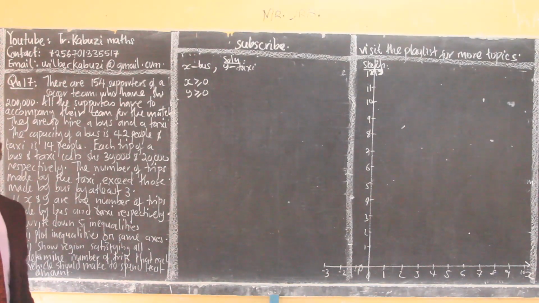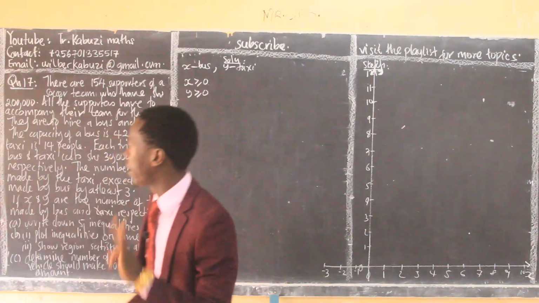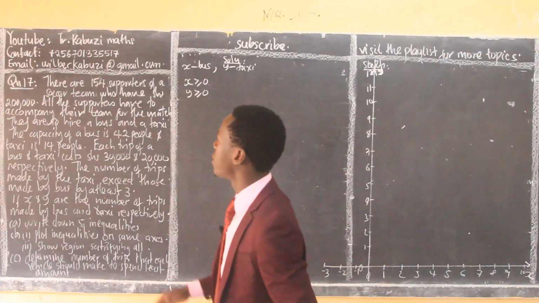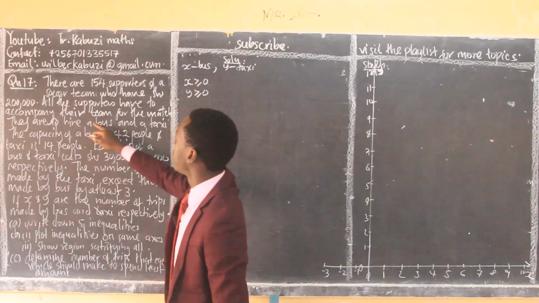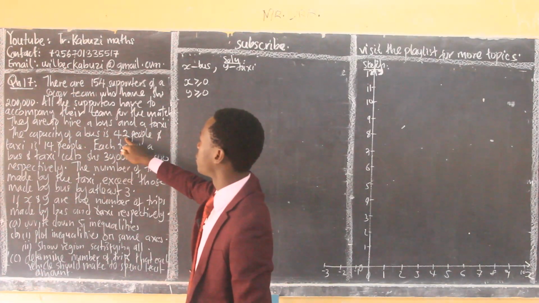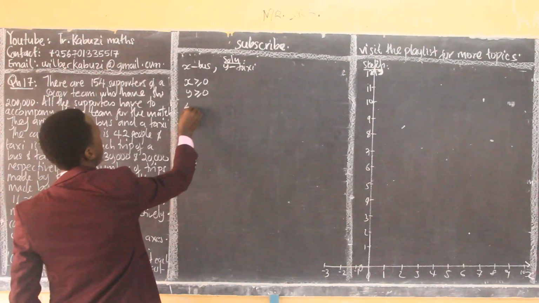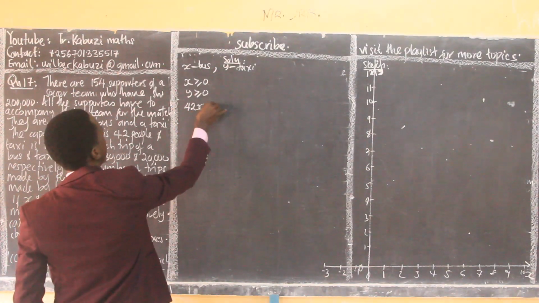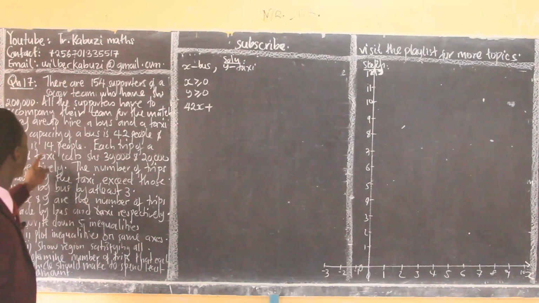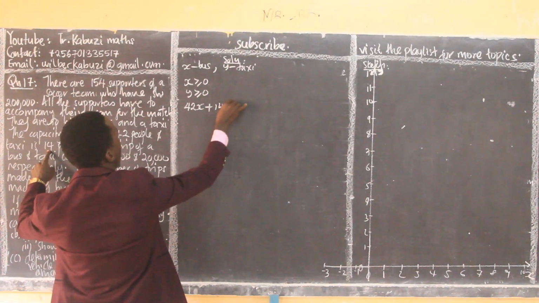Then we come to pick more inequalities. So these are 2 already, we need 3 more. Now we read, and they're telling us that the capacity of the bus is 42. So X is the bus, 42X, plus the capacity of the taxi is 14, so 14Y.